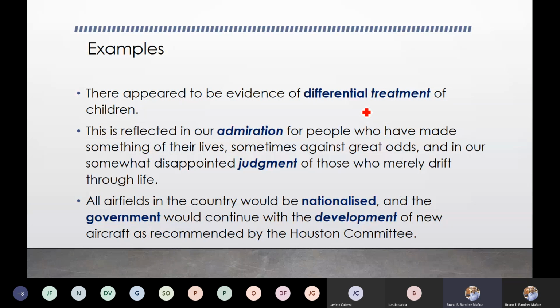Okay, so the first part of the task is to come up with 5 and 5. So you are going to have 15 words with different cases of suffixes. And the second part of the task is to put these words in a context, in a sentence.